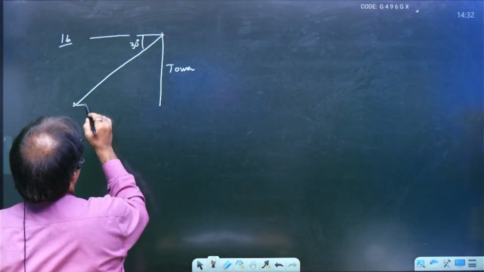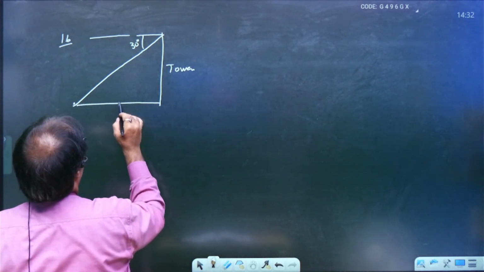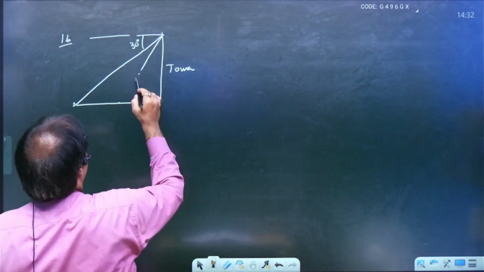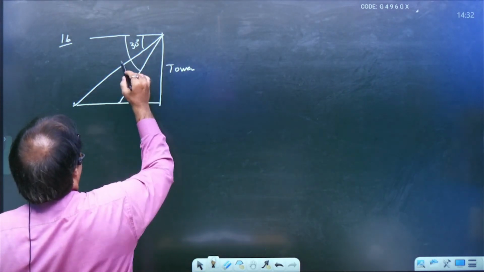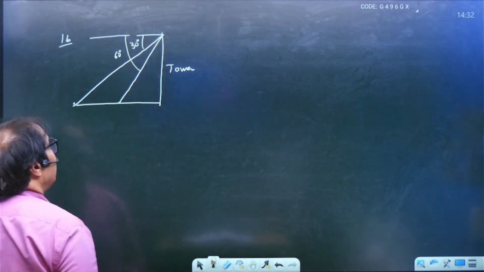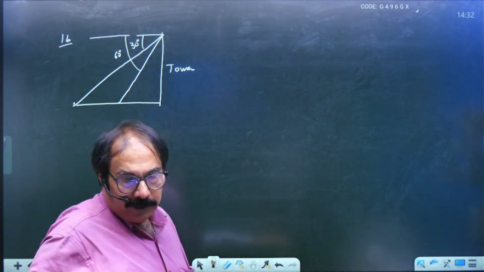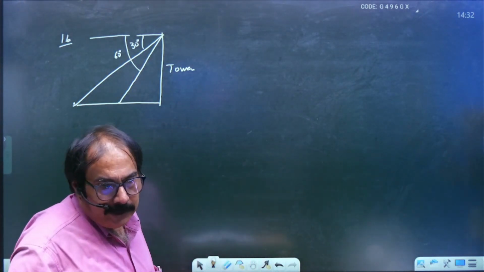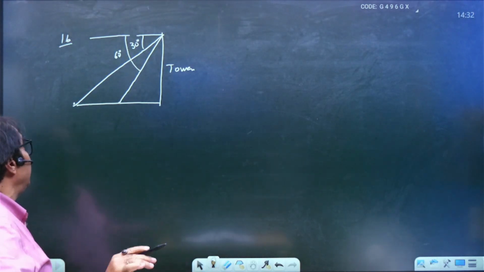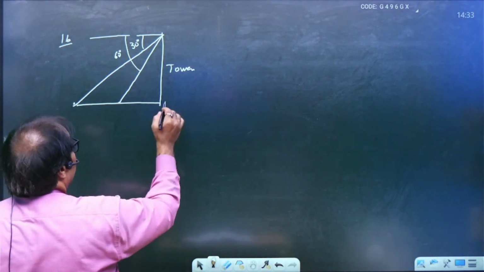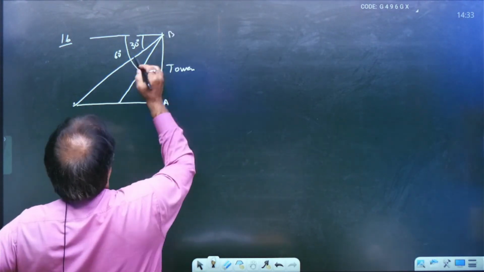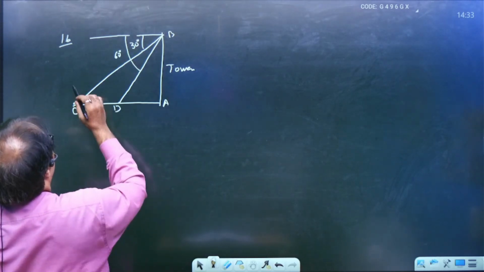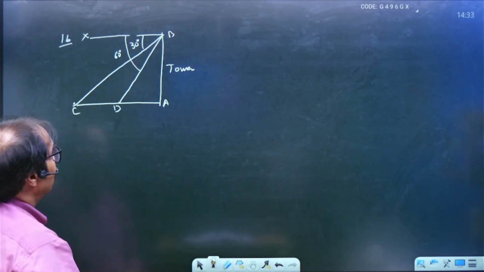So after 6 seconds, now the car moves up here, and he observes that the angle of depression is 60 degree. Then the question says, find the time taken by the car to reach the foot of the tower from this point. Okay. So now name it first, A, B, C, D, and this is say X.